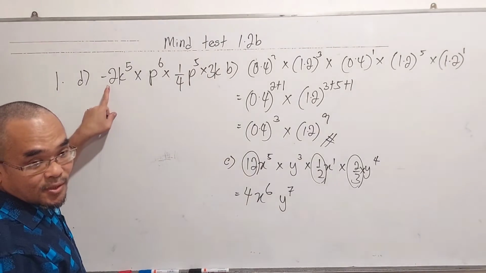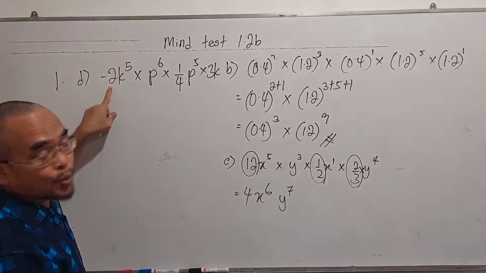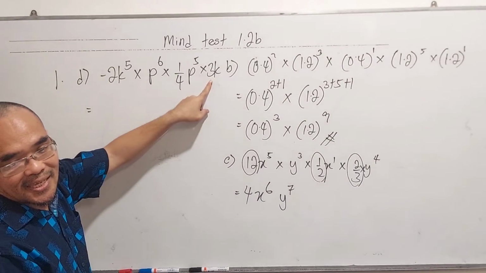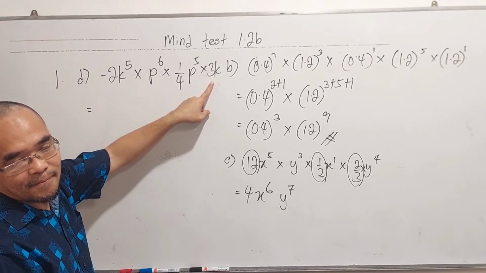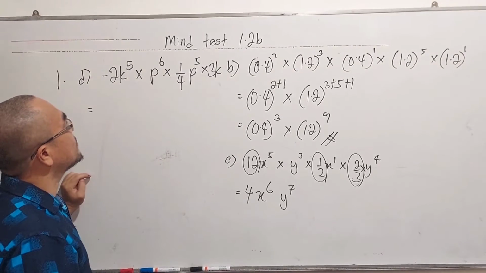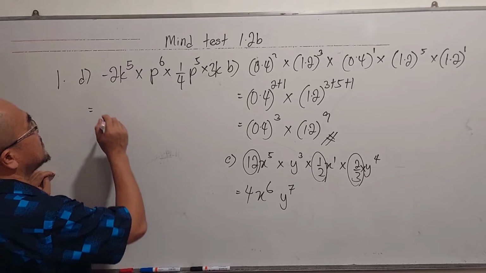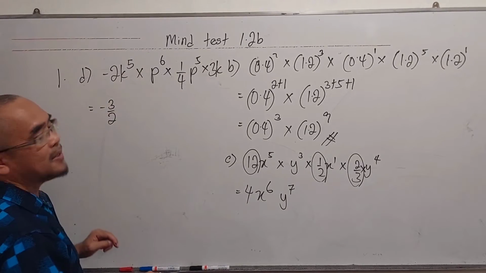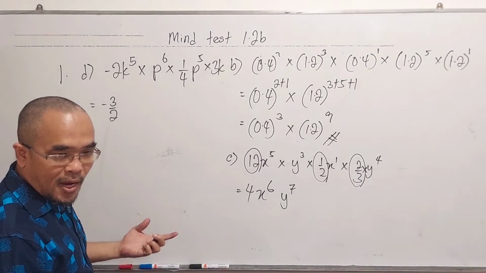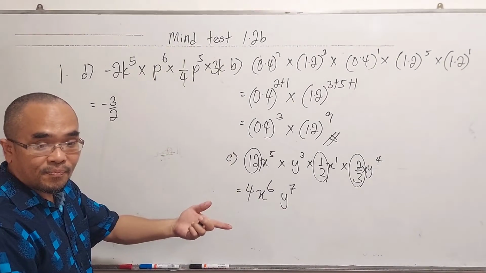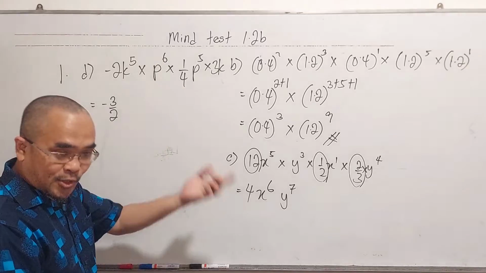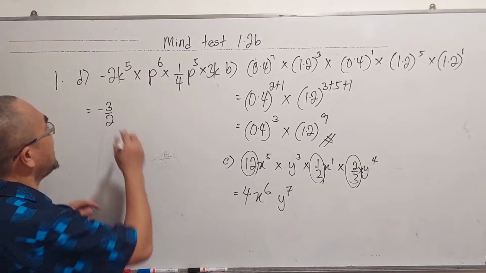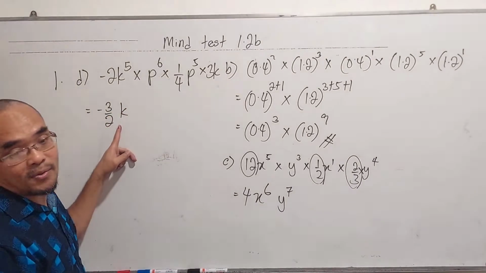Calculate the numbers. You press calculator. Negative 2 times 1 over 4 times 3 gives negative 3 over 2. And then arrange the algebra according to the arrangement in ABC. So which comes first? K. You don't have to write down multiplication.